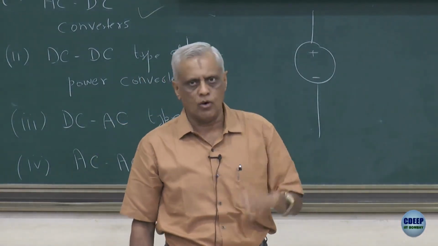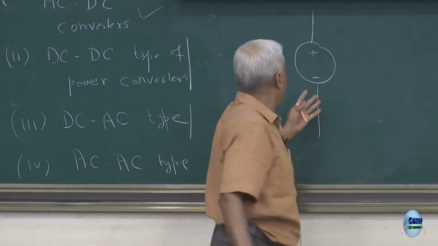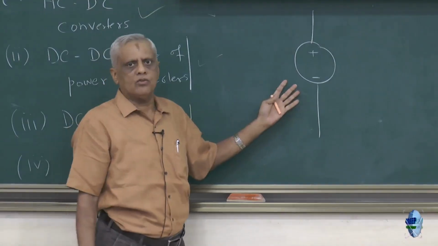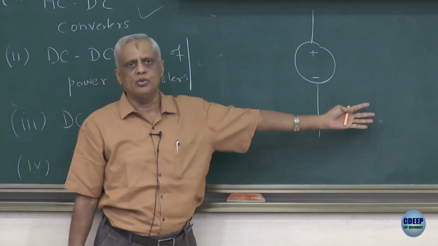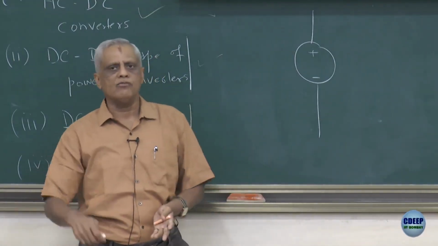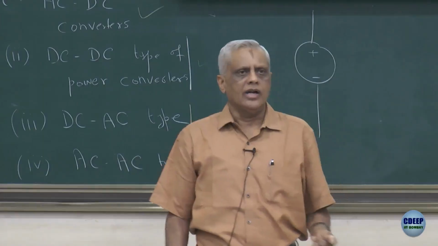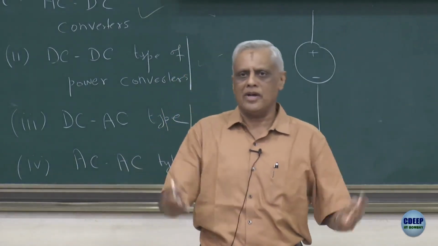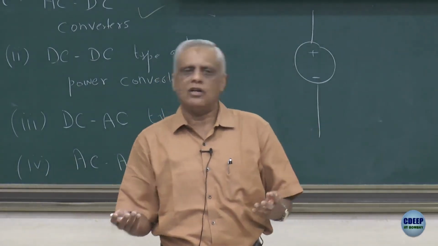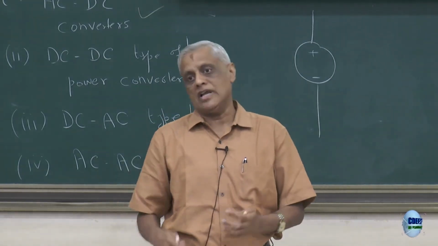So that could be one option. But it is not sacrosanct that you will always have a DC voltage and only then do this. The AC that you get from the wall socket, which is universally present everywhere around you, may be an AC voltage, but it gives you 50 hertz, and that is fixed.